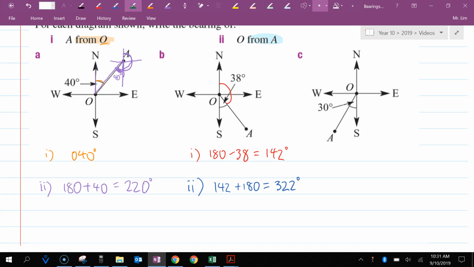Question C. Part 1. A from O, we're starting north of O, clockwise direction until we hit A. We know that this bit is 30 degrees, so it has to be 180 plus 30, which is 210 degrees.